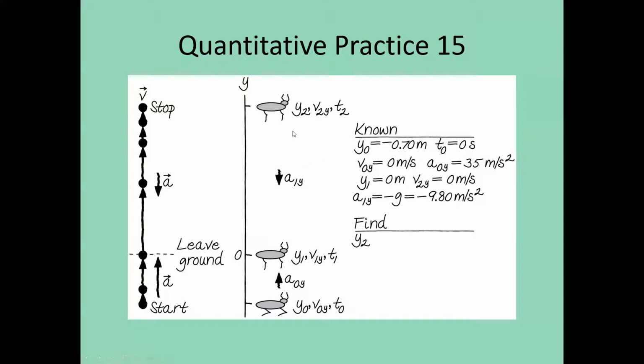At this part of the problem, acceleration is just due to gravity, which is negative 9.8 meters per second squared. So take into effect these 3 points of interest, the naught, the 1, and the 2 subscript points of interest, and the 2 accelerations that are happening in between the transition period. We'll say that this is a 2-step problem accordingly. That being the case, if you want to know the height of the antelope, we were looking for Y2.